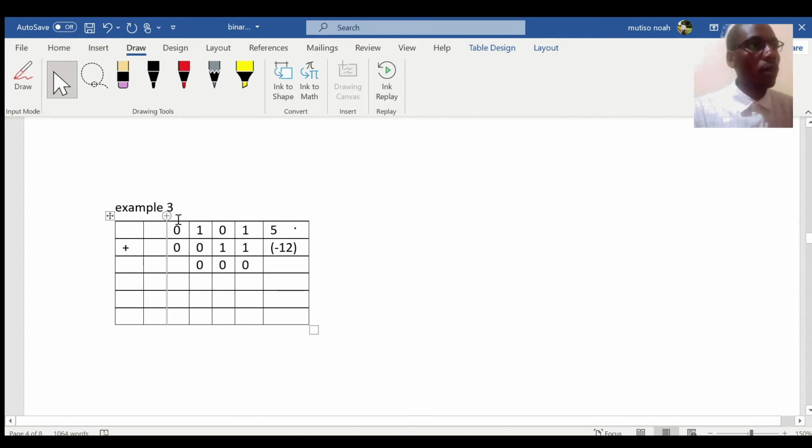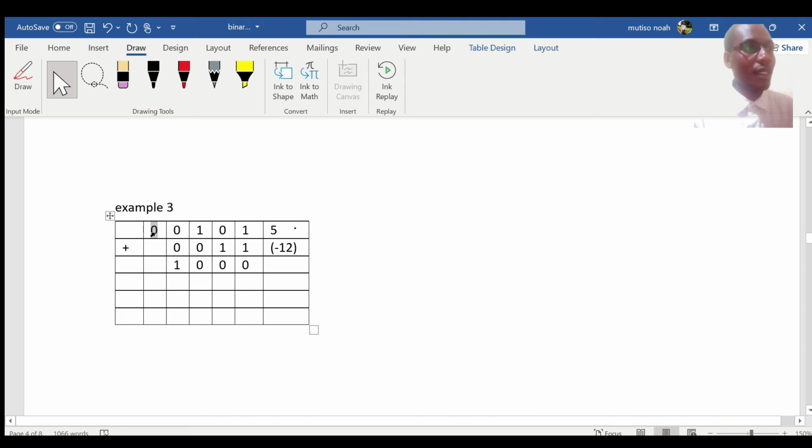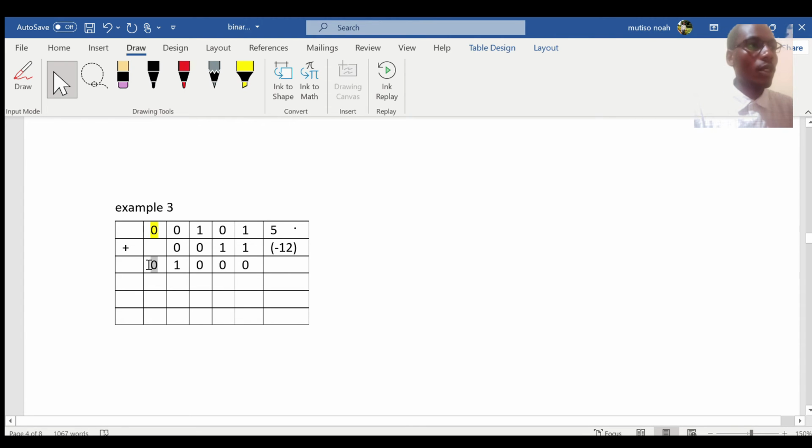Then we have 1 plus 0 plus 0, which is 1. You can see the carry out, or the overflow bit, is 0. The overflow bit is 0, plus nothing, so the overflow bit is 0. This 0 indicates that the result is negative.